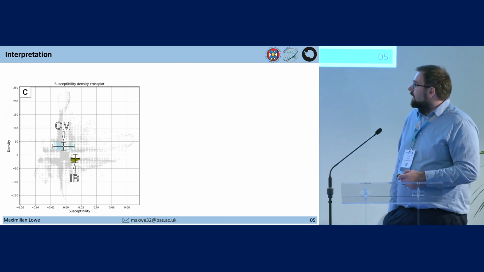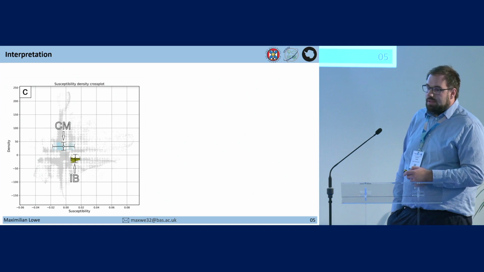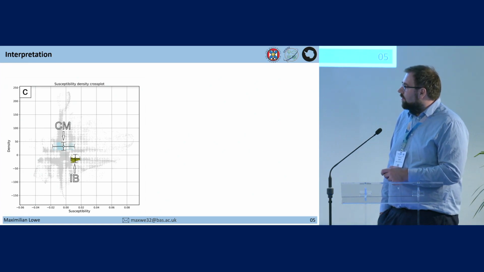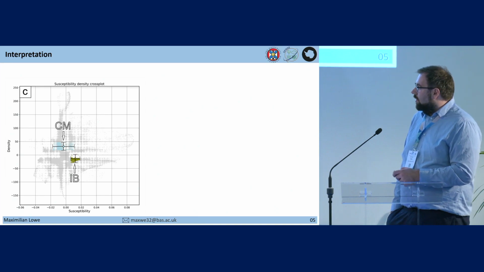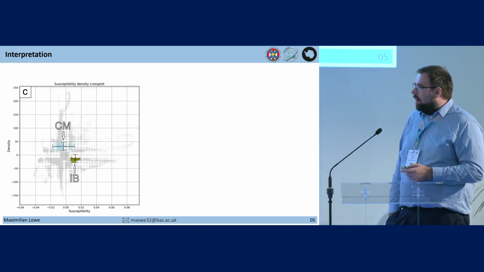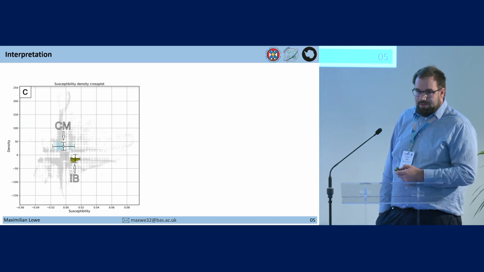On that map, we see in gray all the susceptibility-density relationships within the model, and the two colorful dots are the two different units we highlighted before. We can already see that they nicely plot in different regions, which is good.